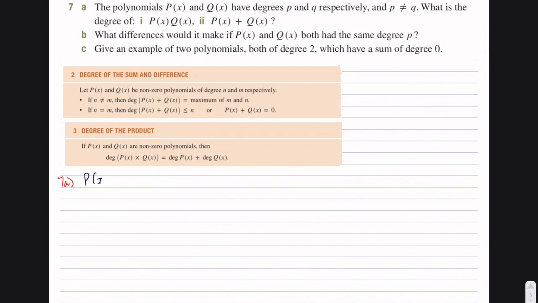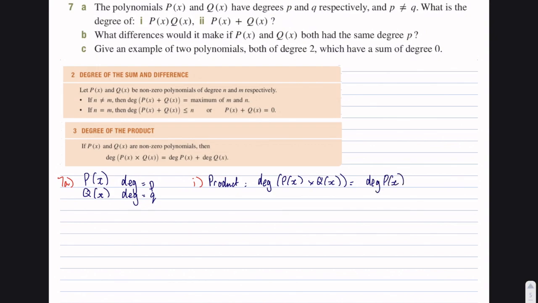P of x degree p, q of x degree q, and for I, the product, degree of p of x times q of x equals the degree of p plus the degree of q. Didn't need that bracket. So we've got p plus q, that's it.